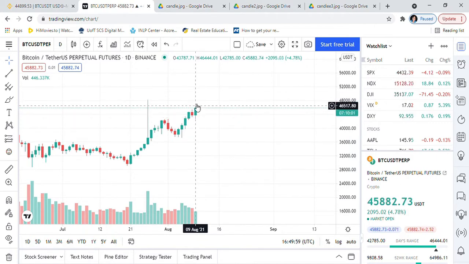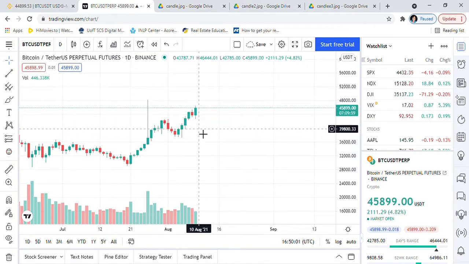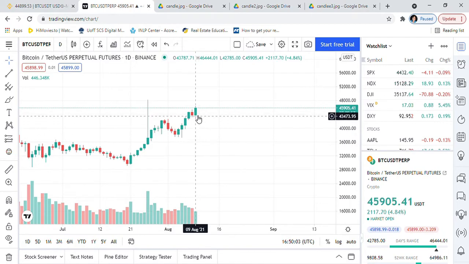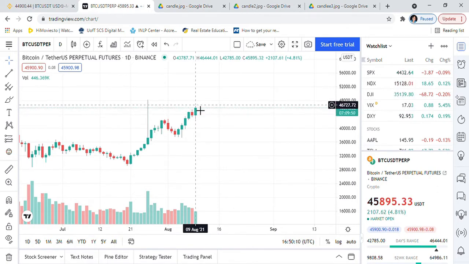So I try to see, okay, is there any wick? Because a wick would tell me, let's say for example on this candle here, the price went up all the way here, and then there's a long wick, and now the price is right here.